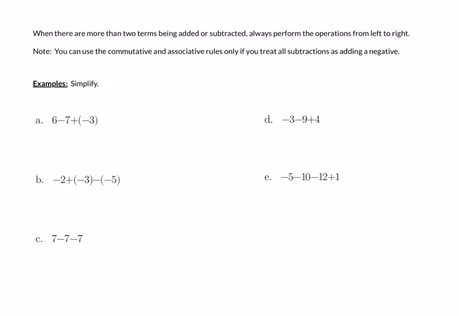If you remember that subtractions are always adding a negative, then basically everything here is being added together. And addition is commutative and associative. So let's go ahead and work through some of these examples. We're going to talk about different ways that we can combine them in order to get our answers.